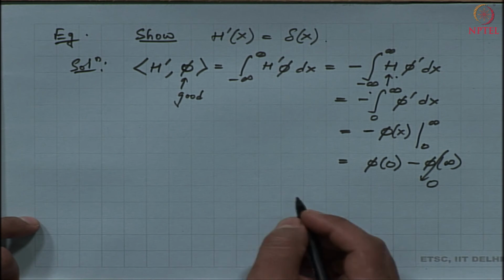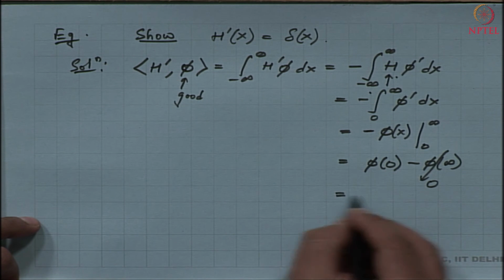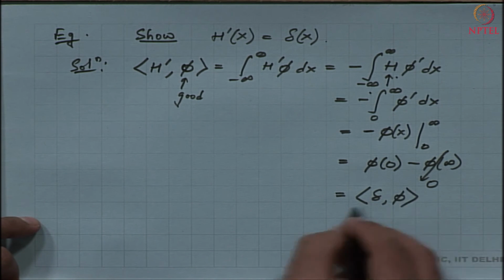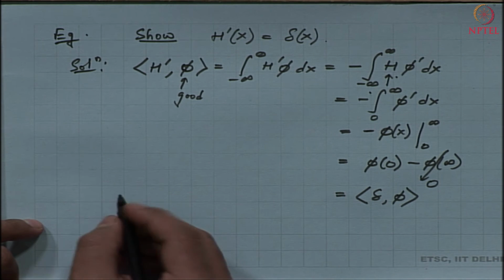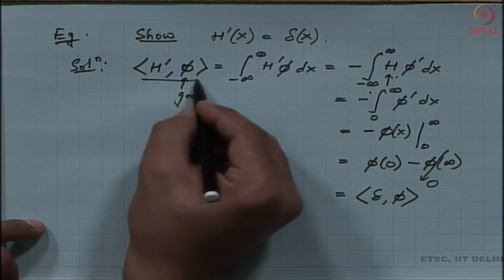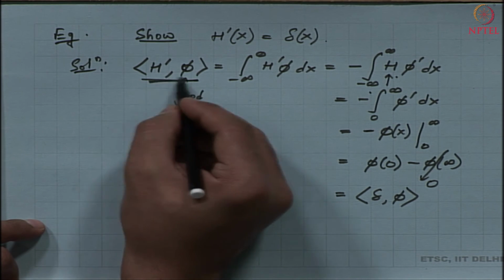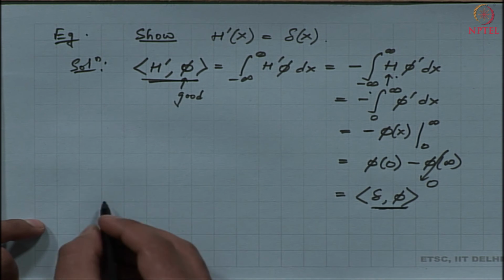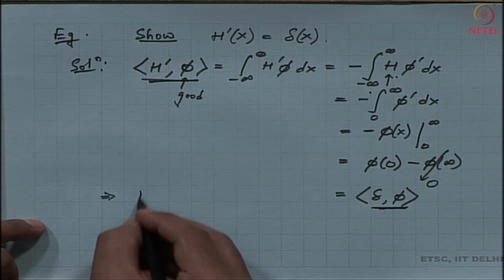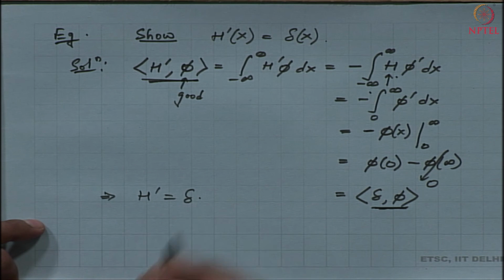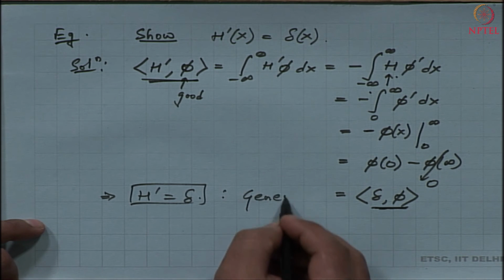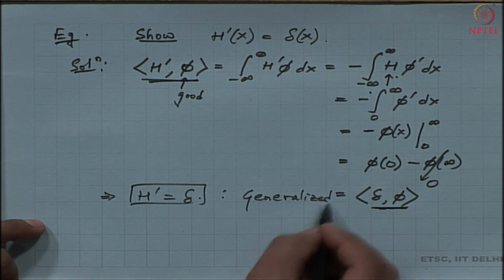And I know that phi of 0 is nothing but the delta function operated on phi, you can check that. So, I have that the bracket of h prime action on phi is delta action on phi, which means that h prime is delta, in the generalized sense. Okay.